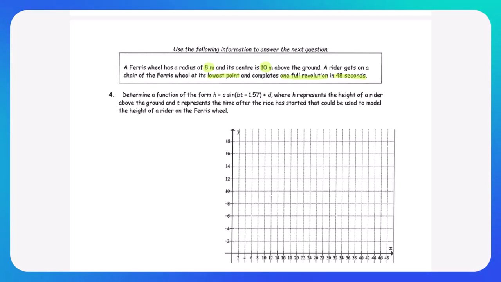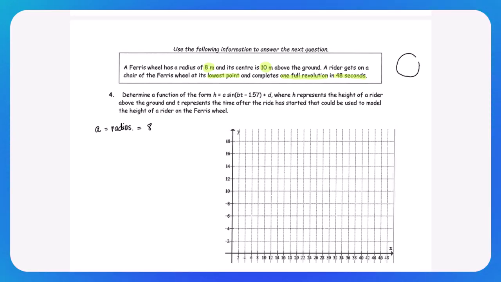Well, we know the a for these Ferris wheel questions, or the amplitude, equals the radius. And the radius, they actually give it to us. It is 8 meters, so it is 8. Now, the center of the Ferris wheel, we've talked about this a few times.